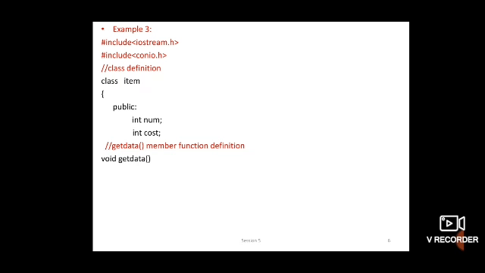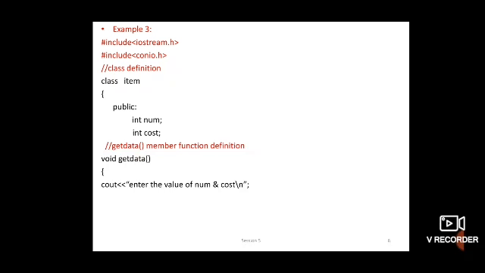Now how to store the value in this num and cost variable? So using cout and cin statements. Now cout, enter the value of num and cost. Okay, why num and cost? Because here num and cost variables are declared and the data type is integer. So cout, do you know what cout means?